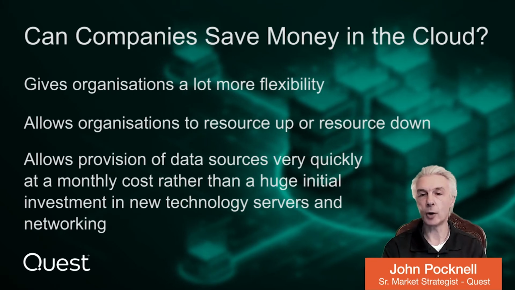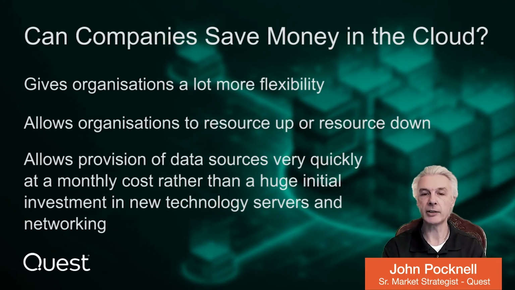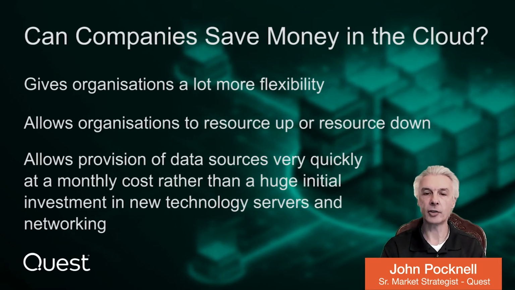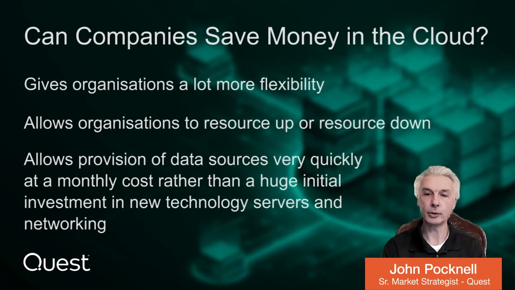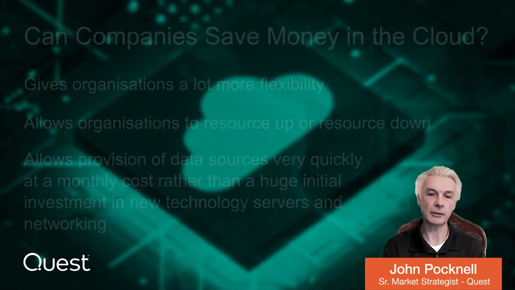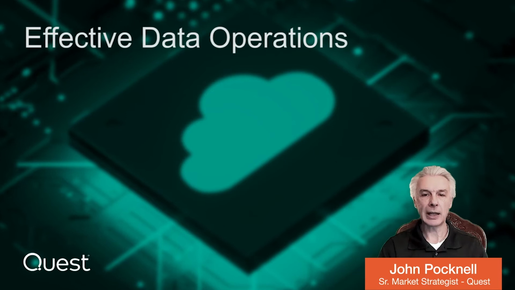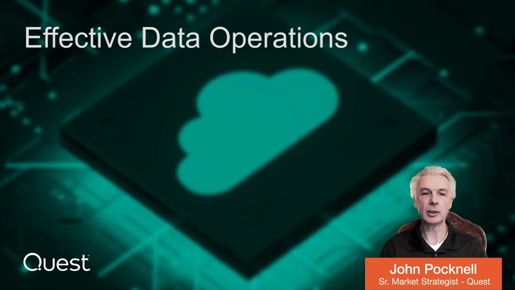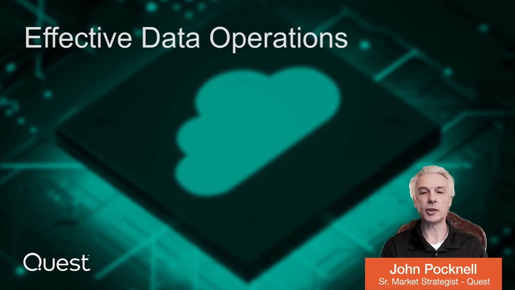When we're talking about data operations, what we mean is having the ability to independently manage that environment to maximize the value of the data and your data architecture that you have. When we talk about cloud services, we ultimately mean applications run in the cloud with database transactions running in the background.